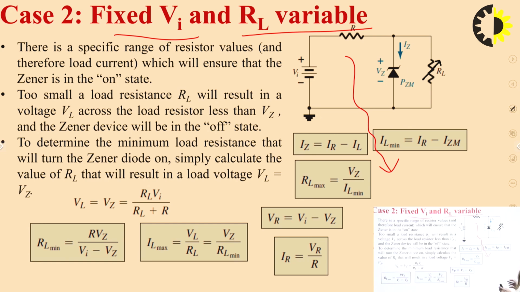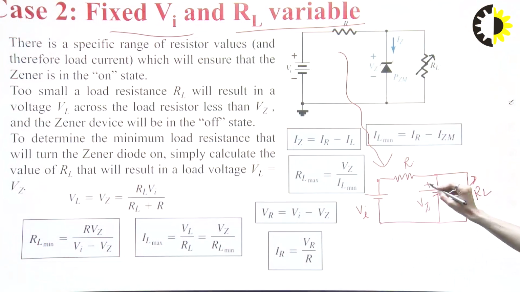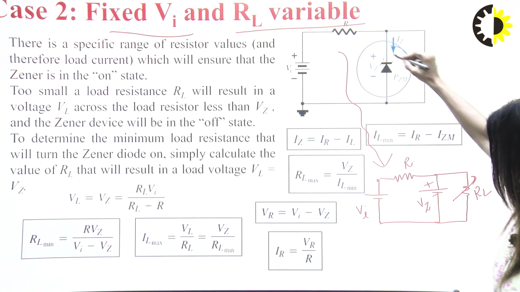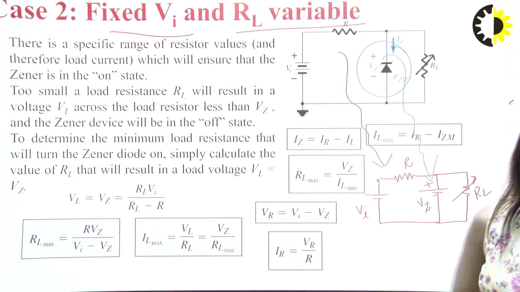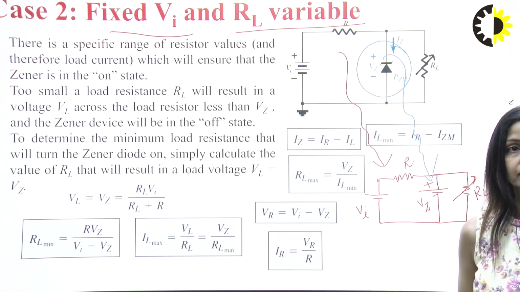So here I will replace this with a battery. This is my VI, this is R, and this is RL variable. What we have done is replace the Zener diode by this Vz battery in reverse polarity.